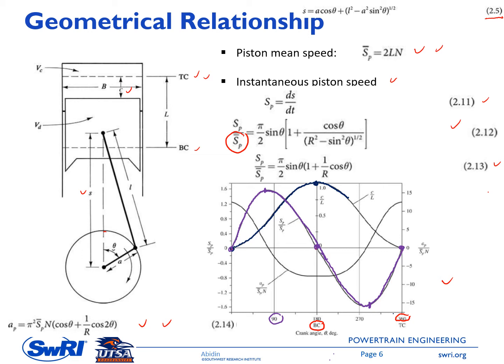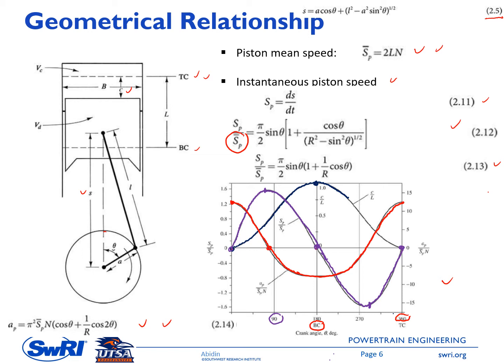And the last one here is the instantaneous piston acceleration. I use a red line here. We can see that the piston acceleration is not 0 when it is at top dead center firing, and it is 0 at the points of inflection for the piston speed.